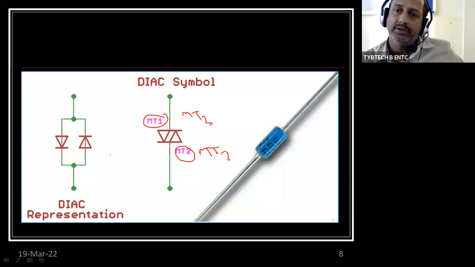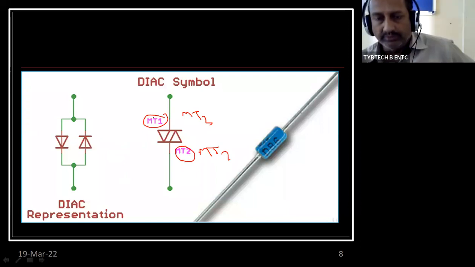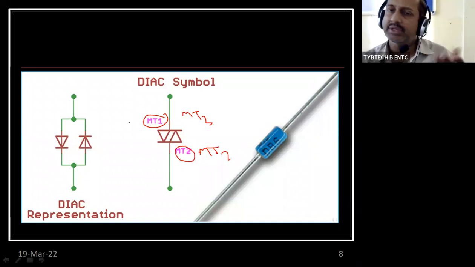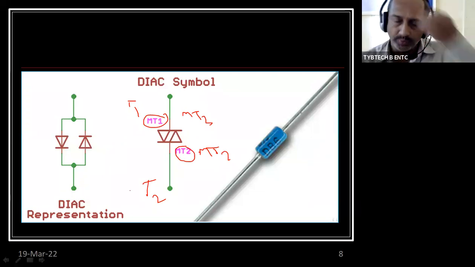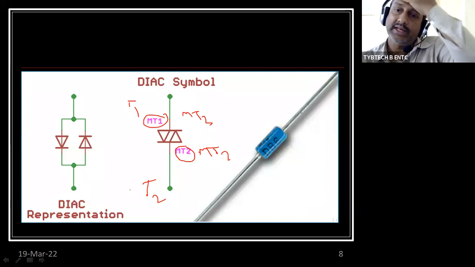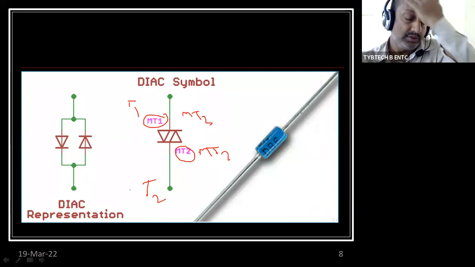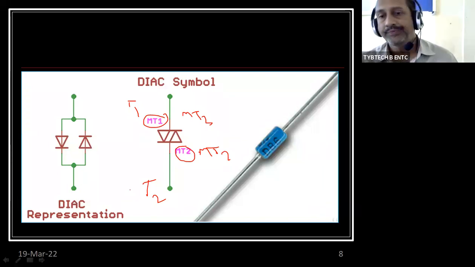So don't get confused that a fixed one is here. Any one terminal can be replaced. The names can also be terminal 1 and terminal 2. That may be possible, but the standardization they have given is MT1 and MT2. So this is the symbol for the DIAC. If possible, draw it in the notebook also.